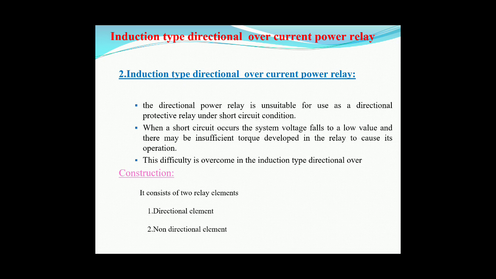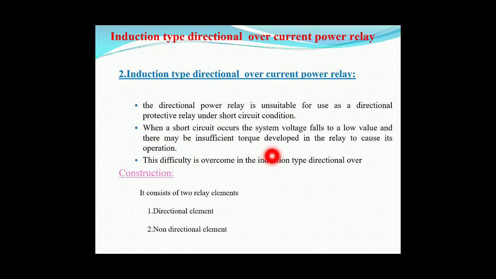The next type of directional relay is the induction type directional overcurrent relay. The directional power relay is unsuitable for directional protection under short circuit conditions.